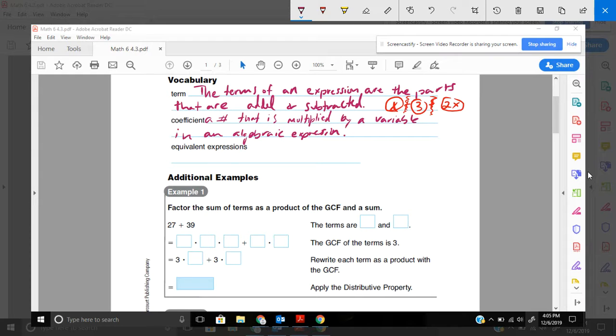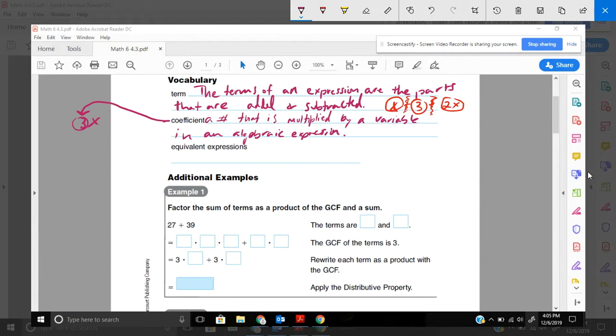I like to define it as the number in front of the letter. So for example, if I had 3x, my coefficient would be 3. It's the number that is multiplied by a variable. So it's saying take 3 times x, right? It's just the number in front of the variable.